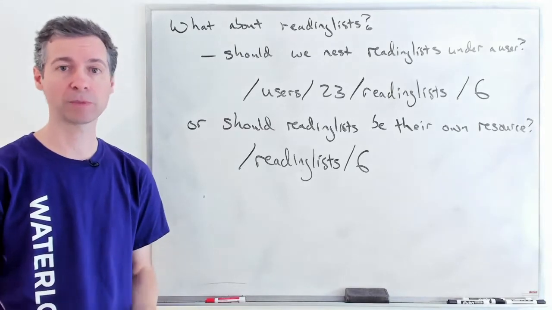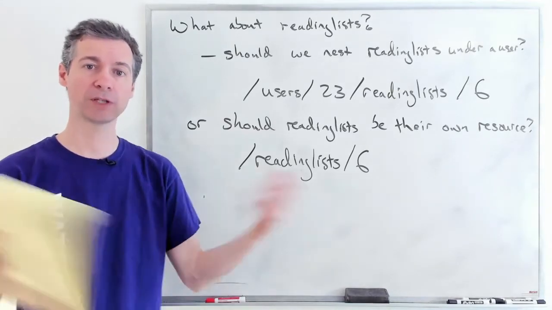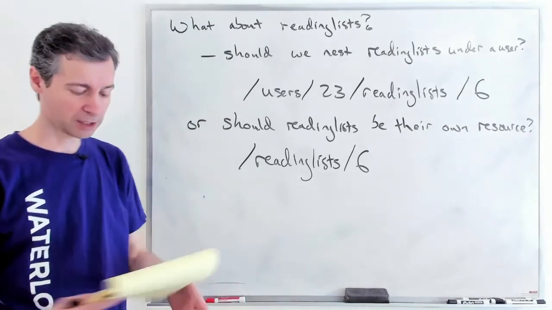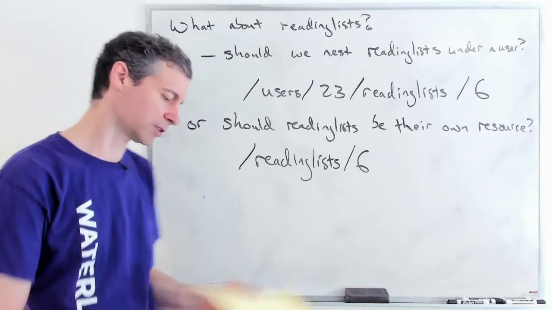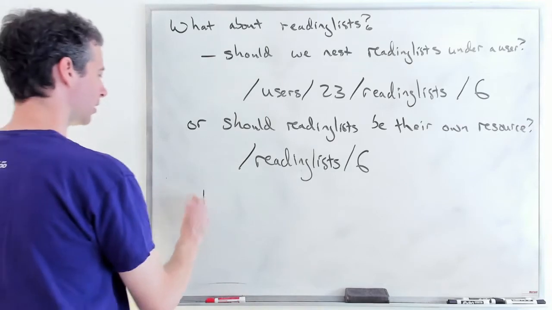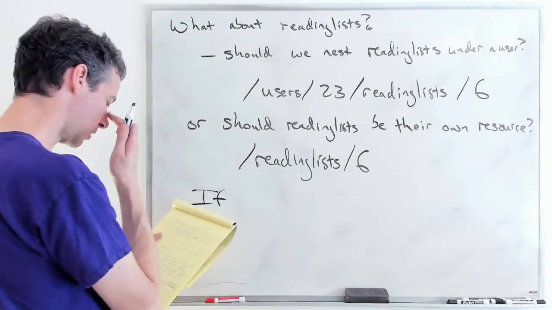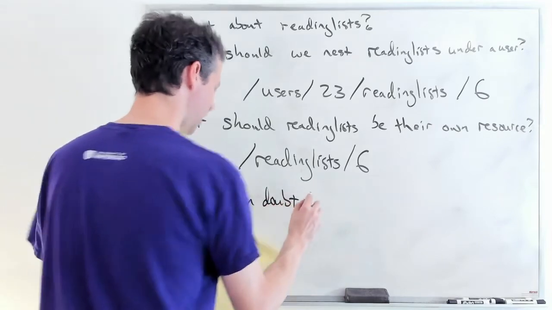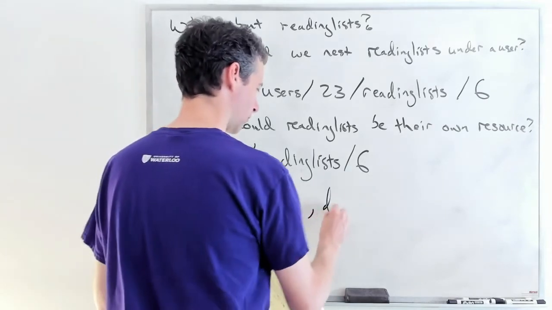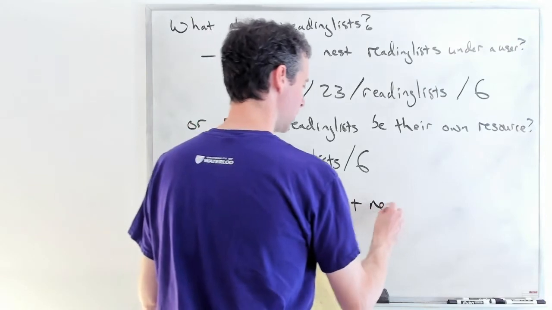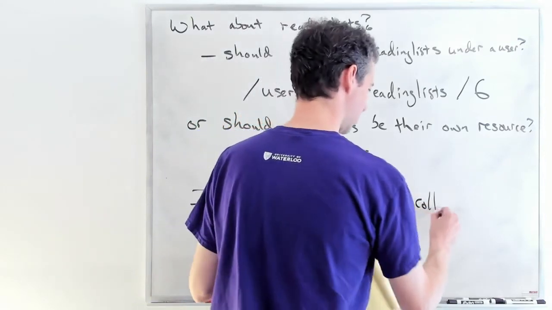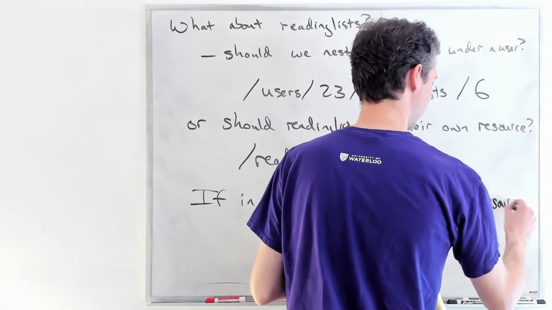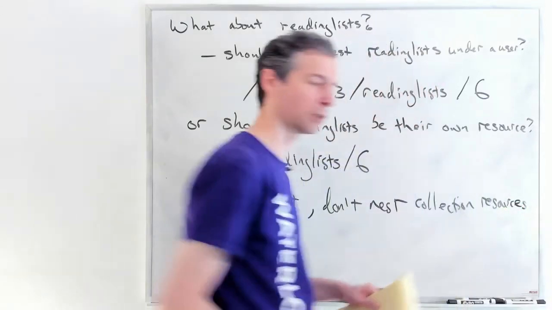We might want to be able to have a pair of friends maintain a reading list. I don't know, maybe. I think what I really want to say here is that when it comes to design in these routes, if in doubt, so if you have any doubt at all, don't nest collection resources. You're probably asking for more trouble than it's worth.